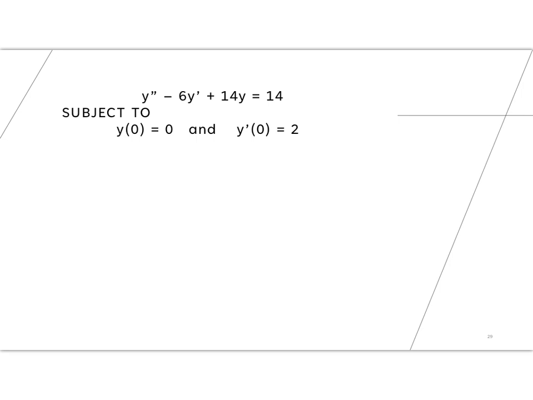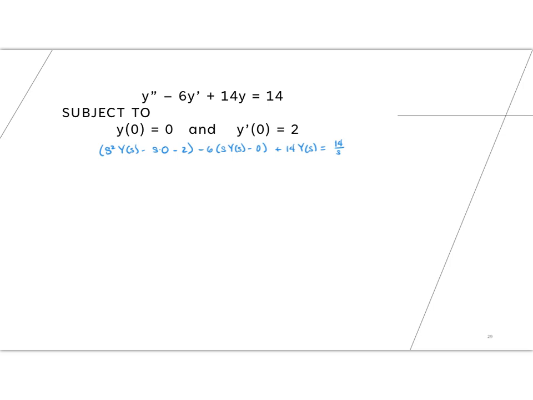When I take the Laplace transform, I get s²Y(s) minus s times y(0) minus y'(0), minus 6 times sY(s) minus y(0), which is 0, plus 14 Y(s), and that's going to equal the Laplace transform of 14, which is 14 over s.